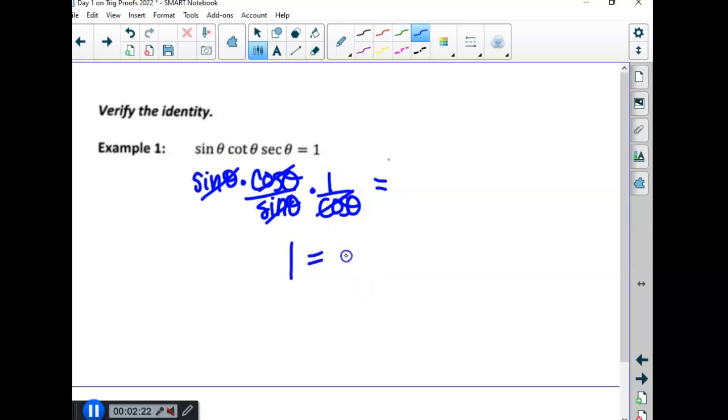And then you can either copy that right-hand side down and say, yep, I proved it, or if it's a lot of messy stuff over there to copy down, sometimes teachers just use right-hand side. I made the left equal the right-hand side, okay? We'll see some eventually where there's a lot of stuff to copy down and you don't want to mess with it. Writing equal 1 seems pretty easy.